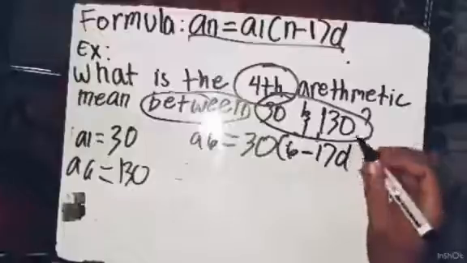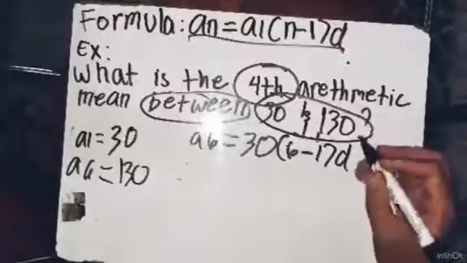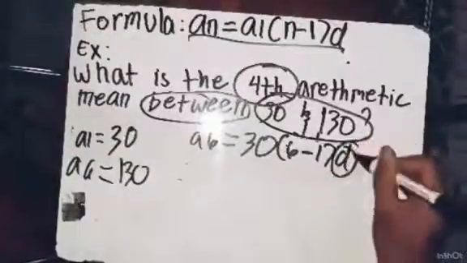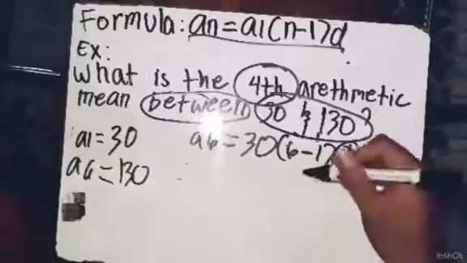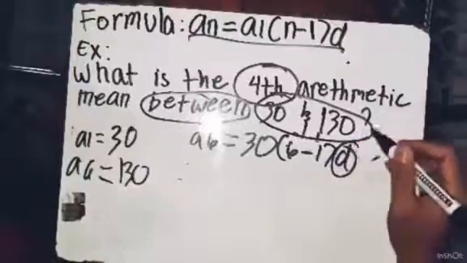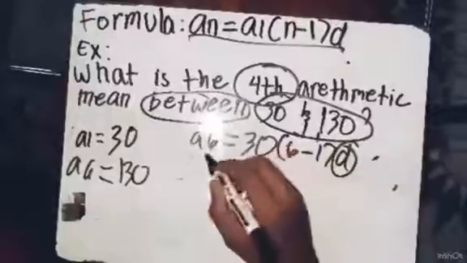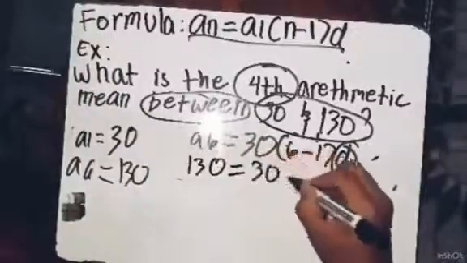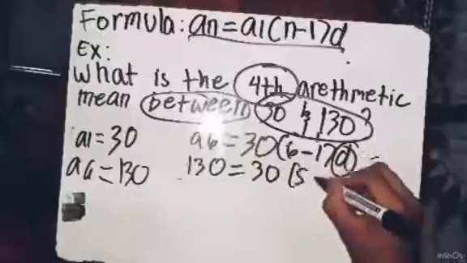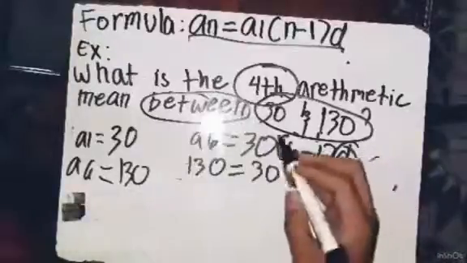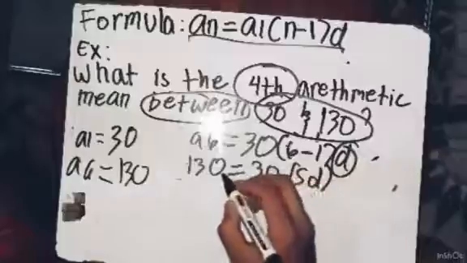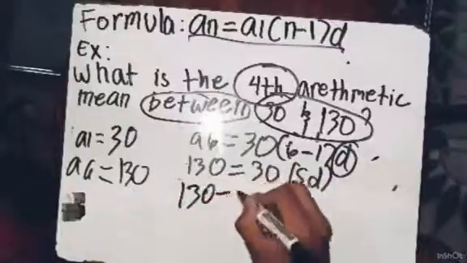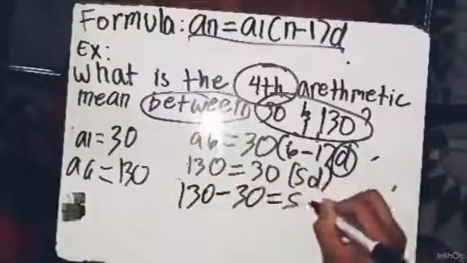So here, in arithmetic means, we're just finding the d. So now, for that to solve, we need to change a6 to 130. So that, and 30. 6 minus 1 is 5. And now we're just going to transpose 30 over here. So it will be 130 minus 30 equals 5d.